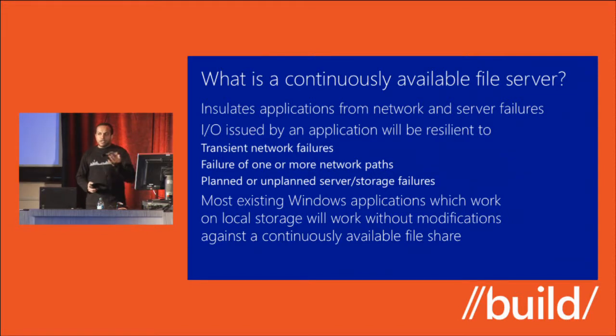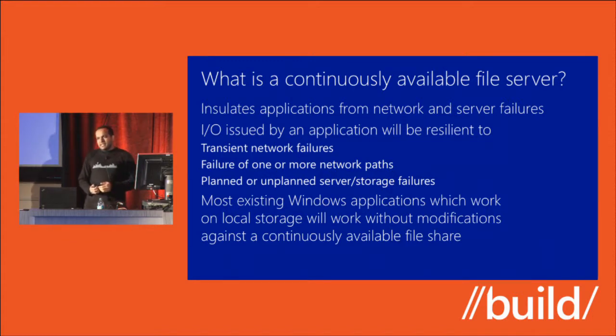Any I/O issued by the application will not come back with an error if there's a failure. The SMB client, or the redirector in Windows, will retry I/O. It will try for a while. We'll talk about it in detail, but it will retry I/O, try multiple network paths, and also handle failures on the server or on the storage side.